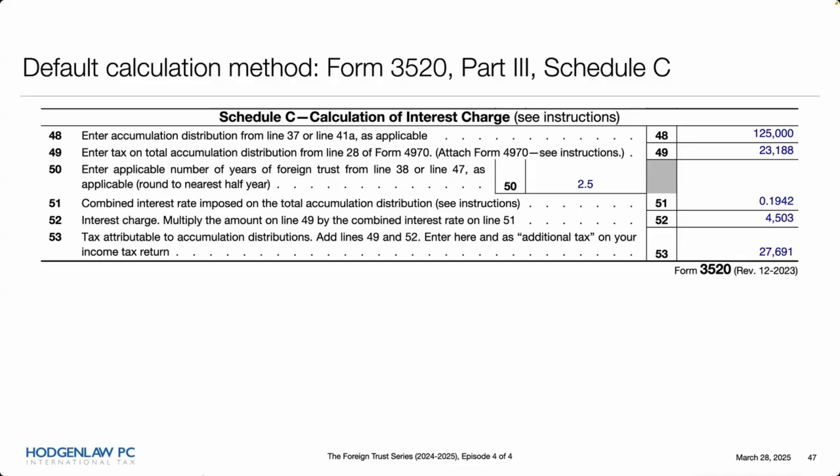In my case here, $4,503 is the interest charge. I take line 49 and line 52, add them together, and line 53, hey presto, we are done. That is the tax liability for the U.S. beneficiary who is receiving a $125,000 distribution from a foreign non-grantor trust, as computed with the default calculation method.